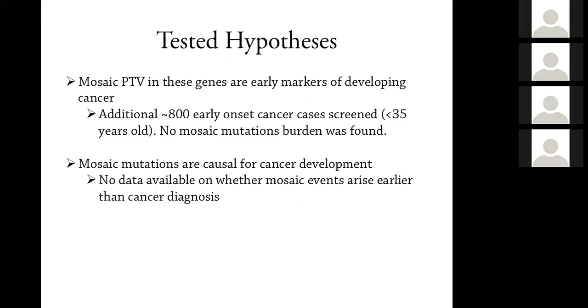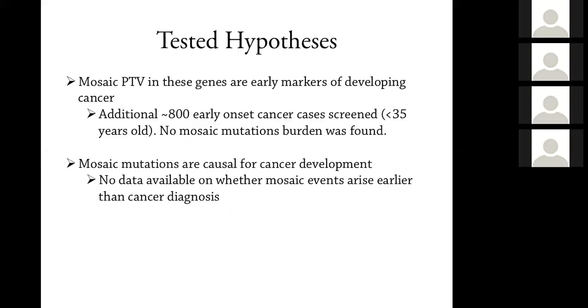Then the other hypothesis is to test that for old enough onset, like cancer in the 60s or 70s, like in TCGA. That's another pitfall. To clearly answer this question, you would need a cohort of samples where you take the DNA sample before the cancer onset and after the cancer onset, and then see whether the burden of mosaic PTVs is different or not.